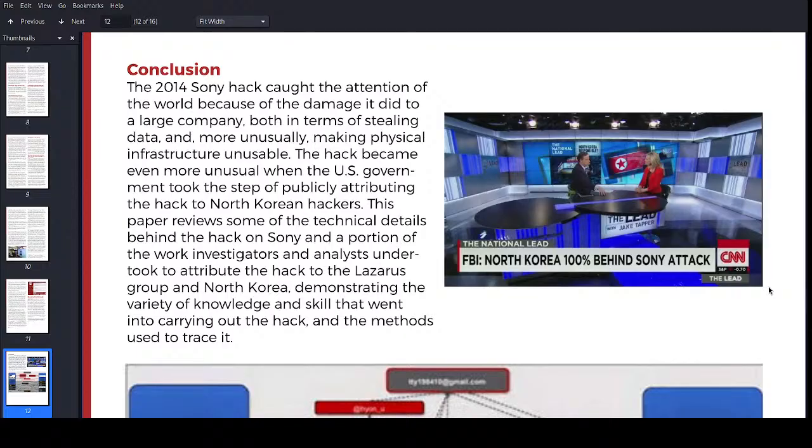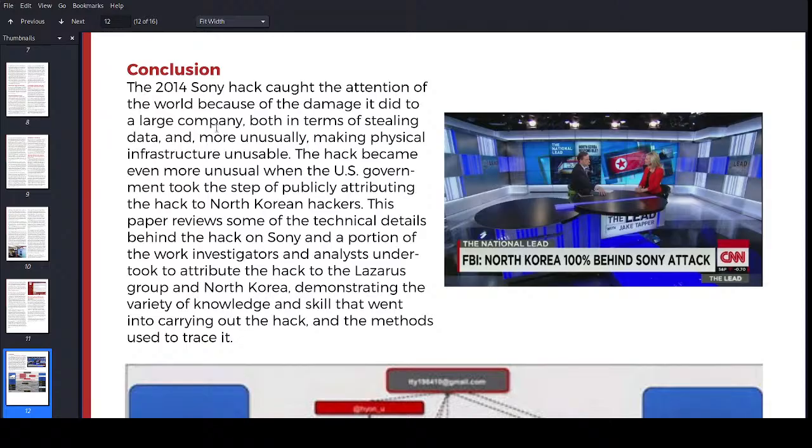The 2014 Sony hack caught the attention of the world because of the damage it did to a large company, both in terms of stealing data and, more unusually, making physical infrastructure unusable. The hack became even more unusual when the U.S. government took the step of publicly attributing the hack to North Korean hackers.